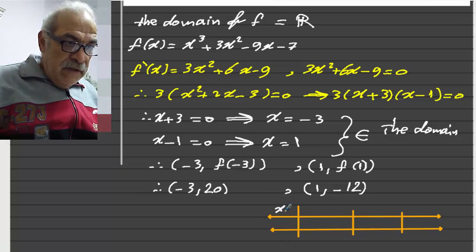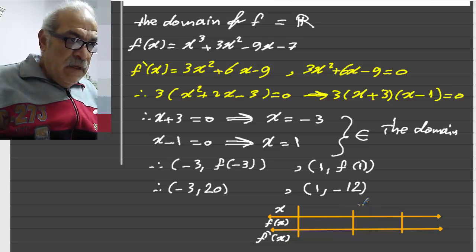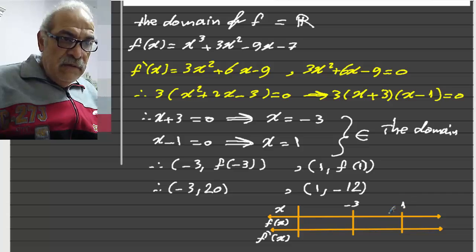Here we have x, f of x, f dash of x. Here we have -3 and 1.